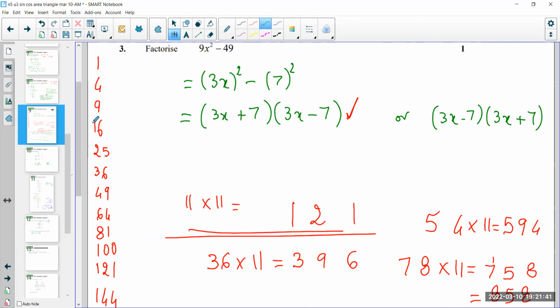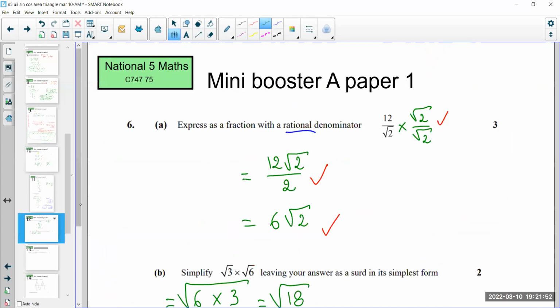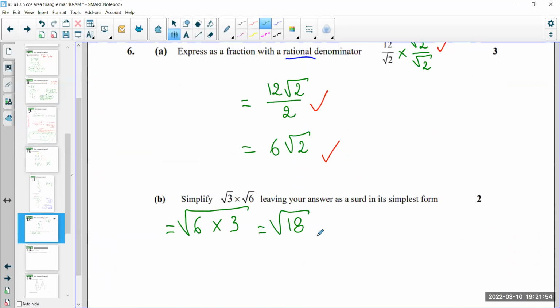Which number do you think? So 9. Even if you couldn't remember 9, 18 is even, right? How do you have 18? 2 times 9.